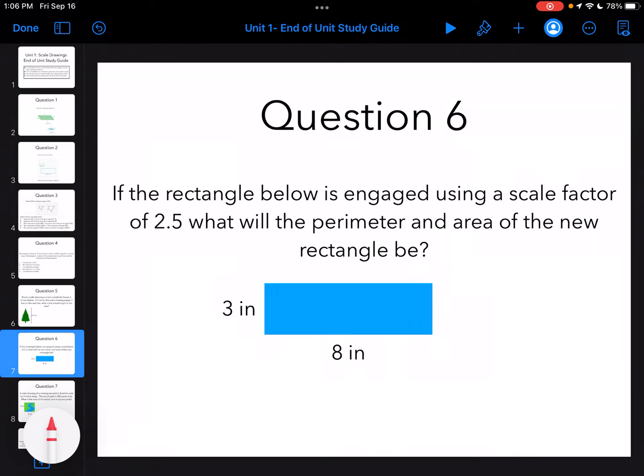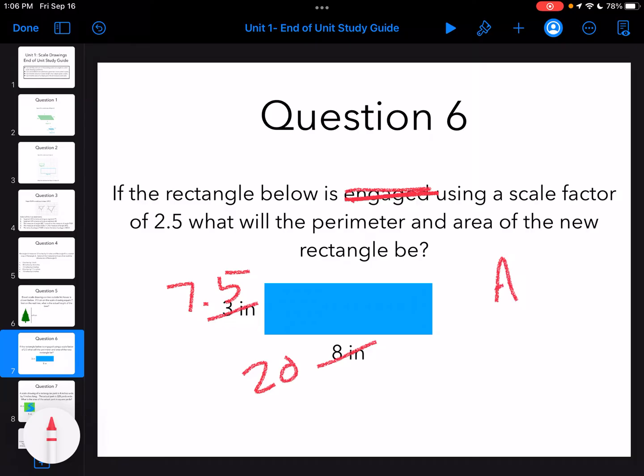If the rectangle below is enlarged using a scale factor of 2.5, what will the perimeter and the area of the new rectangle be? Okay, so this would say enlarged. I'll fix that because obviously I made a typo. So I'm going to change my dimensions first by multiplying each by a scale factor of 2.5. So 3 times 2.5 is going to be 7.5, and 8 times 2.5 is going to be 20.